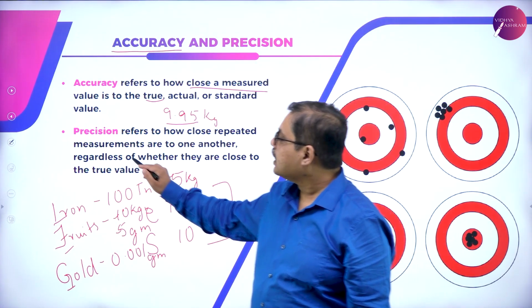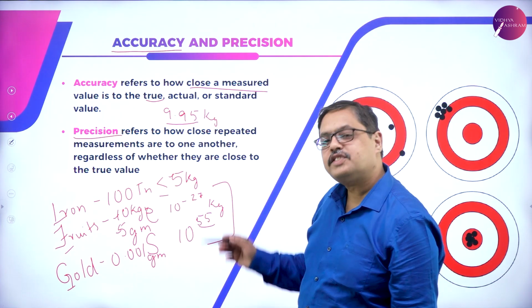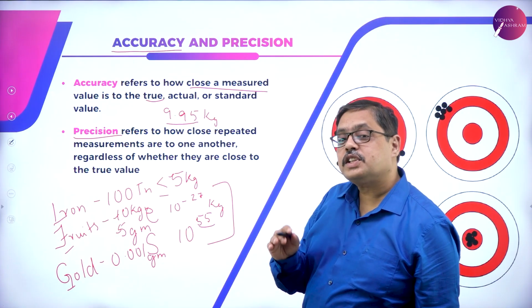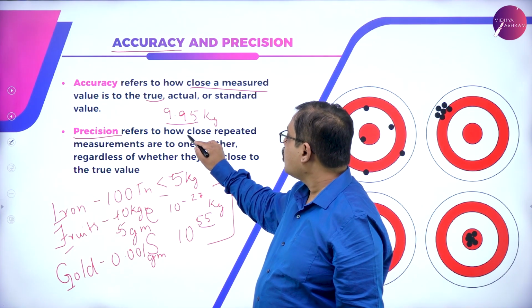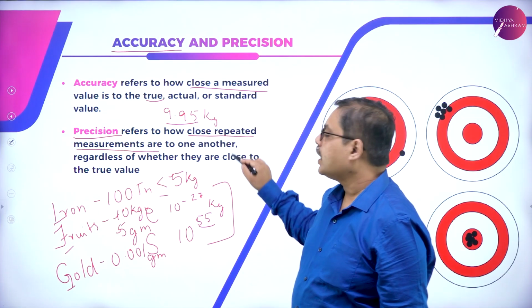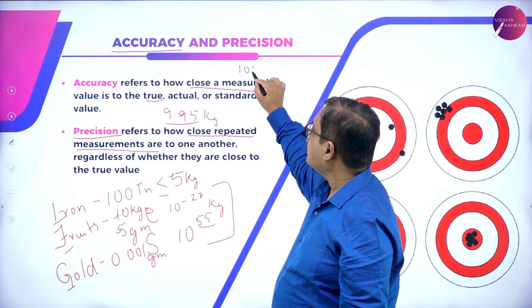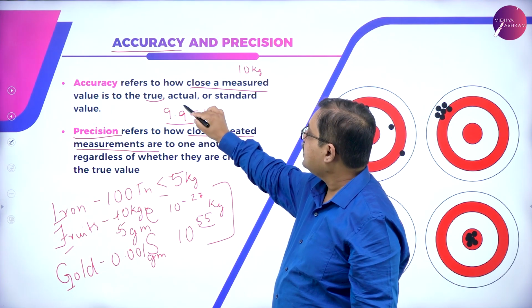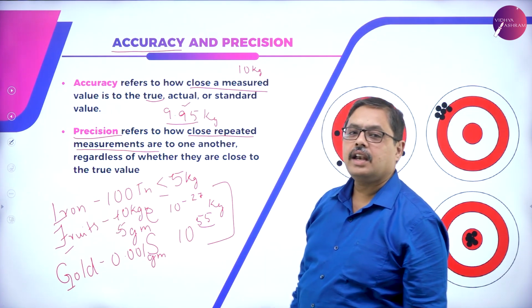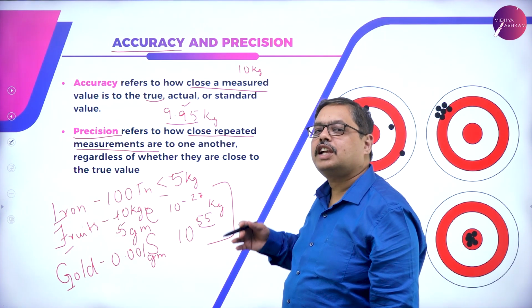Now coming to another important term called as precision. Let us see what is precision. Precision refers to how close repeated measurements are to one another. I told you in the previous example that an object weighs 10 kg. I have measured it and it has given me a reading of 9.95. I am somehow not convinced. I want to check it twice or thrice.